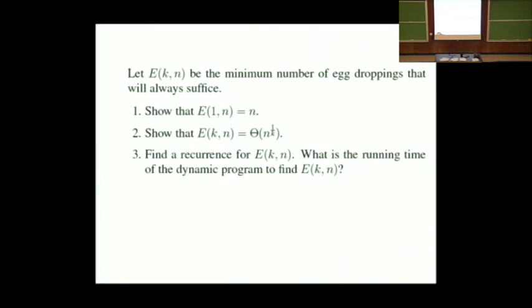Now what if it bounced? Does everybody see that? If I tossed it off here and it broke, what do I know? I've got F floors left to search, and I've got one less egg to do it on, right? What if, on the other hand, it bounced? What was my situation?